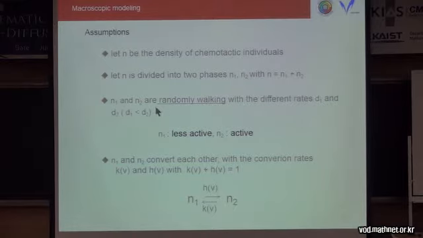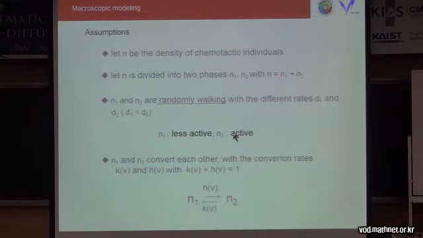N1 and N2 are randomly walking, but the walking rates are different, D1 and D2. We assume D1 is smaller than D2. It means phase N1 corresponds to the less active phase, and N2 corresponds to the active phase, randomly walking rather fast.